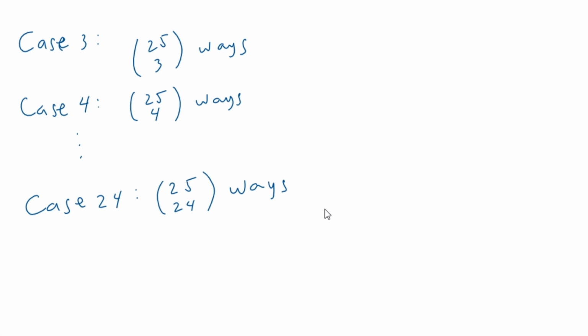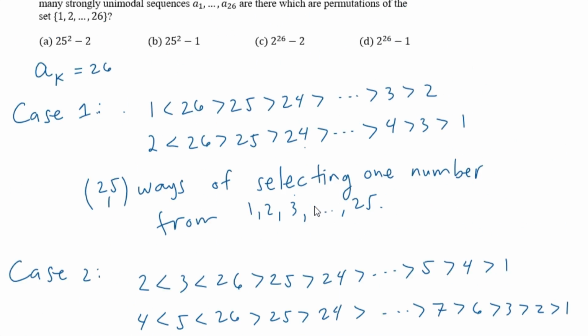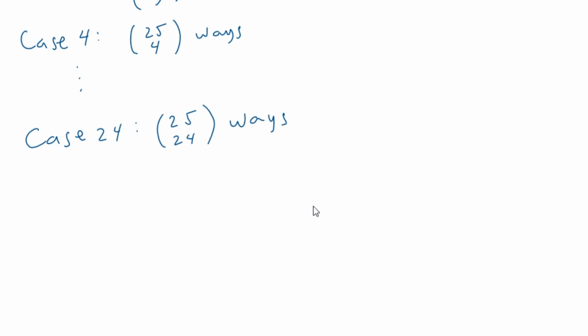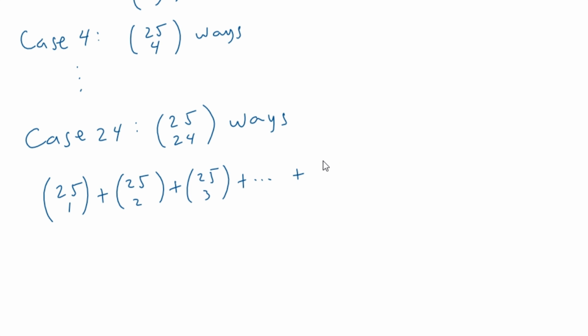So the required answer is just the sum of all these numbers from case 1 to case 24. So we have the sum 25 choose 1 plus 25 choose 2 plus 25 choose 3 up to 25 choose 23 plus 25 choose 24.